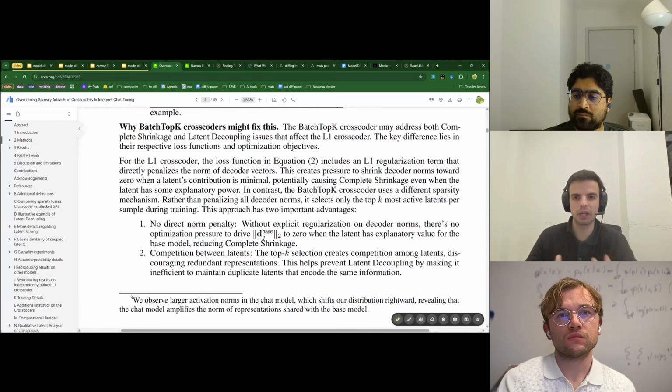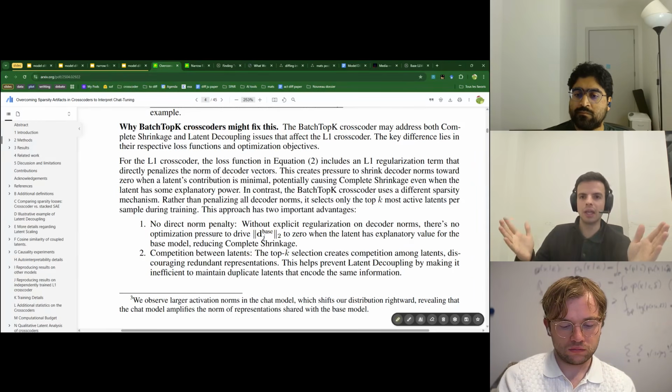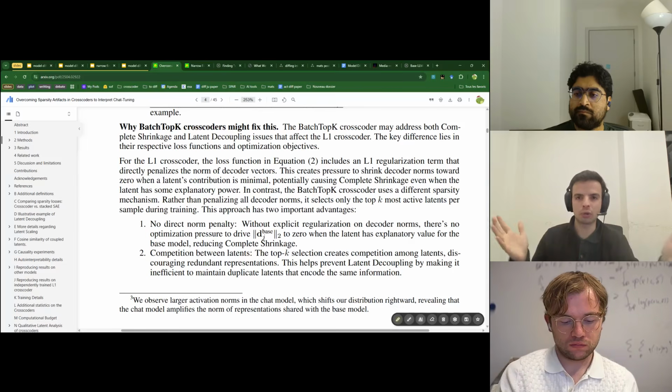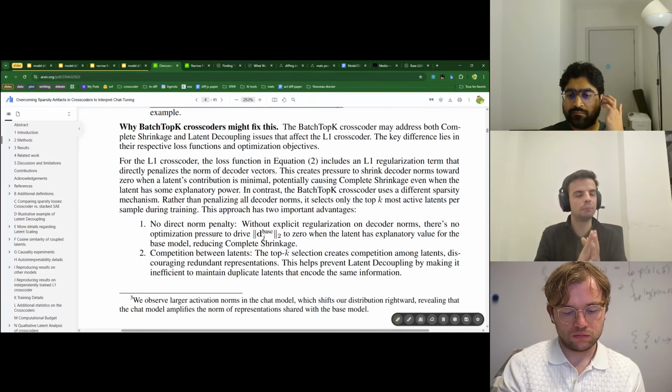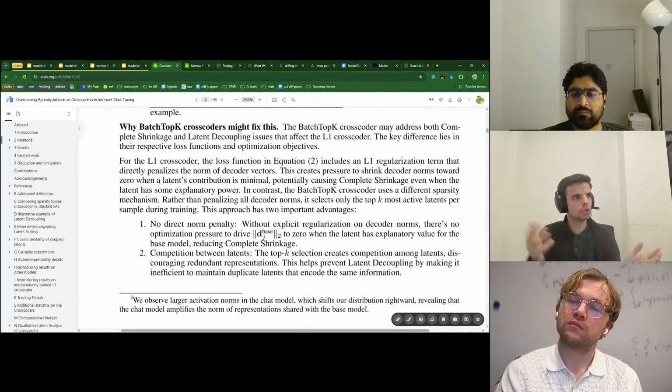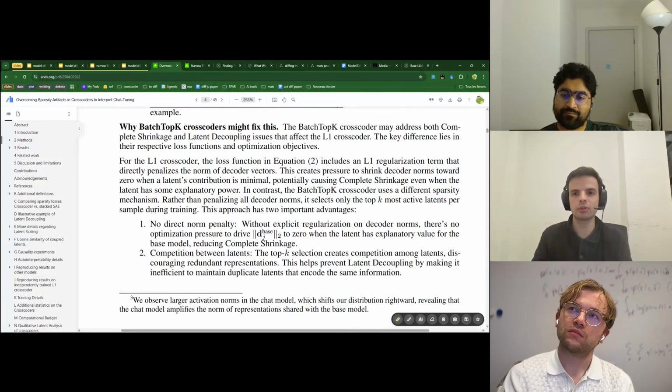The model is penalized depending on the norm it puts on the latent. Whereas in BatchTopK, the norms are not in the equation at all. What's used to select the features is the encoder output, which doesn't depend on the decoder norms. So no optimization pressure there, so no shrinkage.